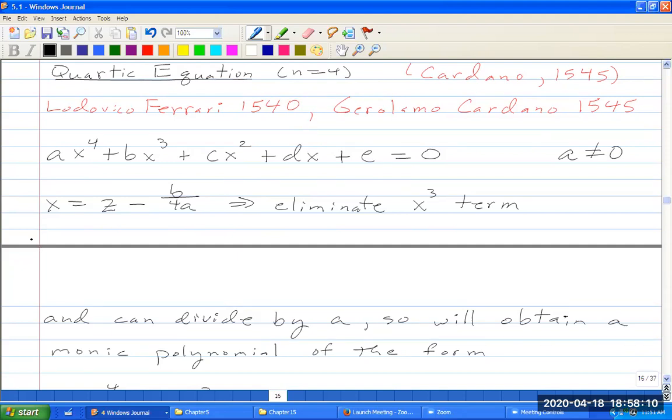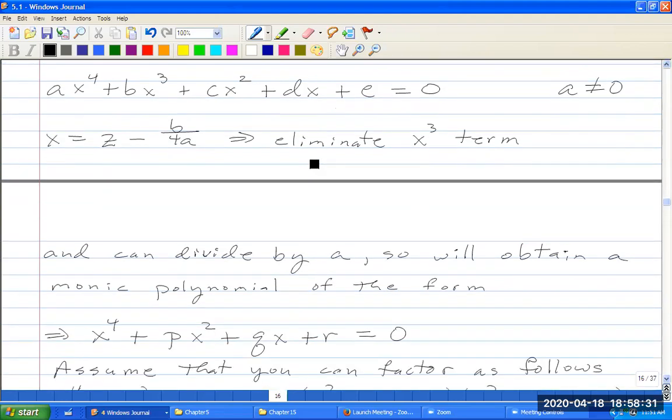You can let x equal z minus b over 4a, and you can use this to eliminate the x cubed terms. You can also divide this polynomial by a to obtain a monic polynomial. So doing the above, you get an equation of the form x to the 4th plus px squared plus qx plus r equals 0.